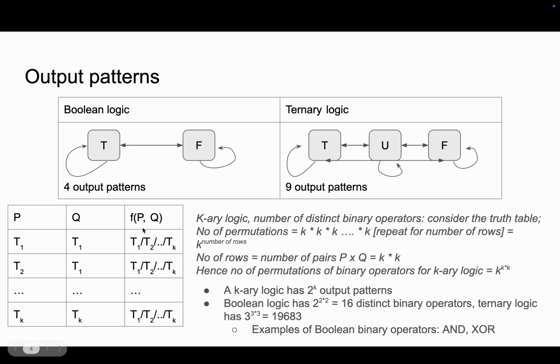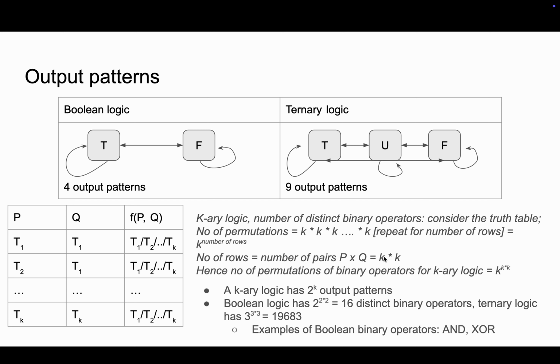So the number of permutations is given by k to the power of... sorry, not k to the power of k, k to the power of the number of rows. K to the power of the number of rows refers to the number of possible outputs.